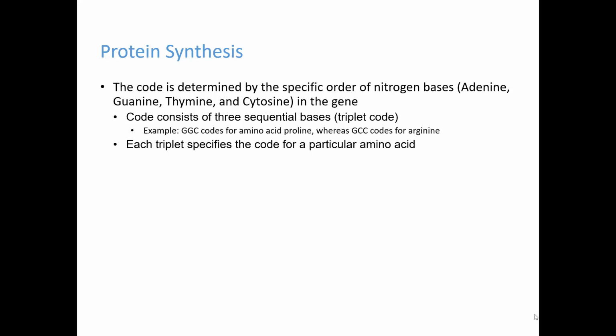The order of the bases determines the order of the amino acids assembled into a protein. And the order of the amino acids is very, very specific. I've given this example before, and you're going to get tired of hearing it. But hemoglobin is made up of 360 or so amino acids in a very specific order.